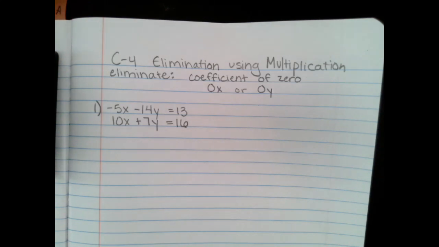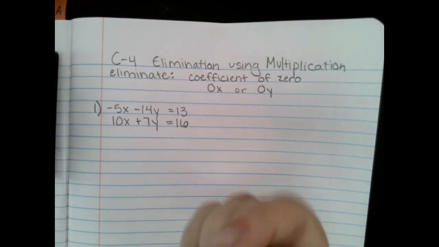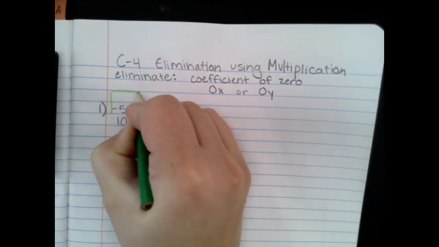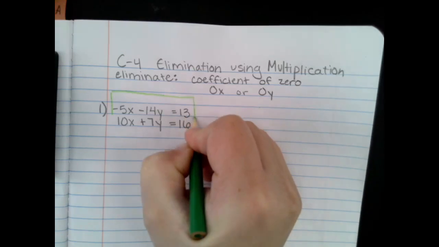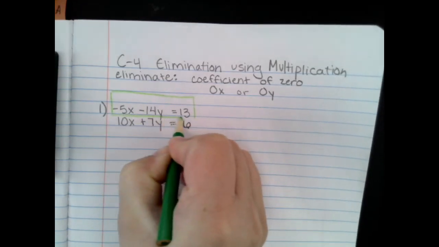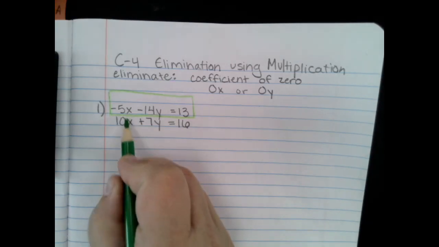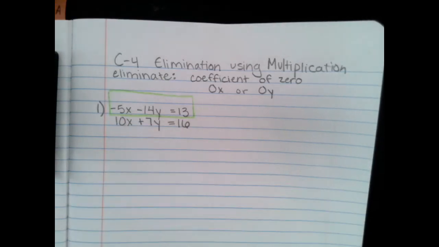In this case, we only have to multiply one of the equations. I'm going to multiply the top one. So I'm going to kind of do this big box around it, just to show my thinking. And I want to multiply by something to get my x's to match. That way I can add or subtract.